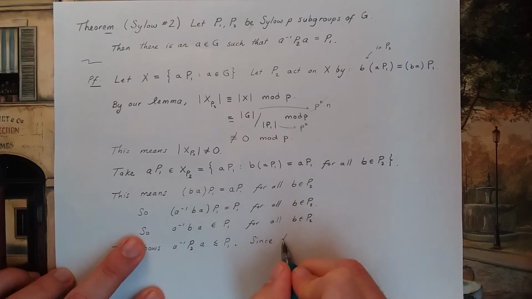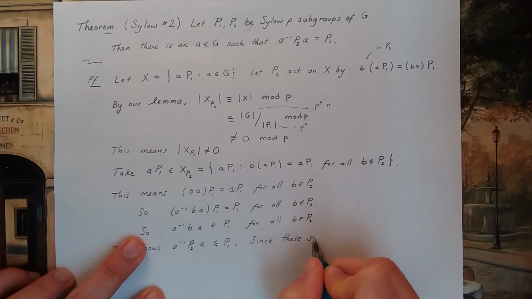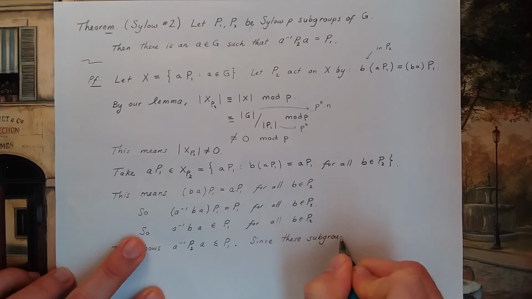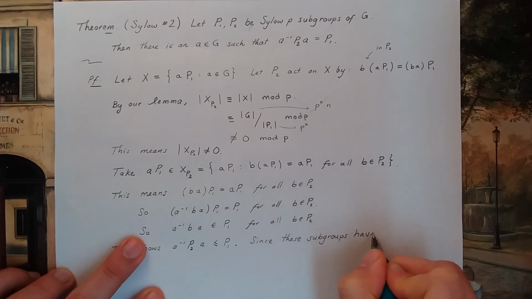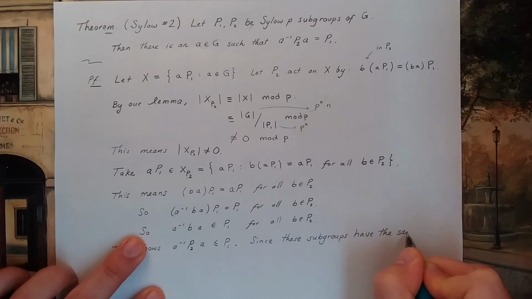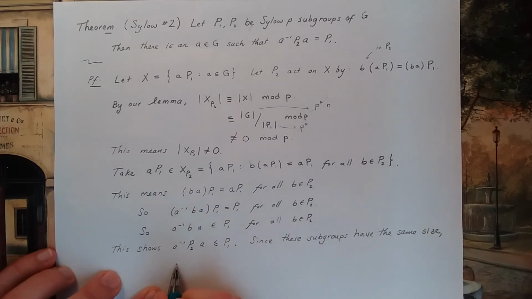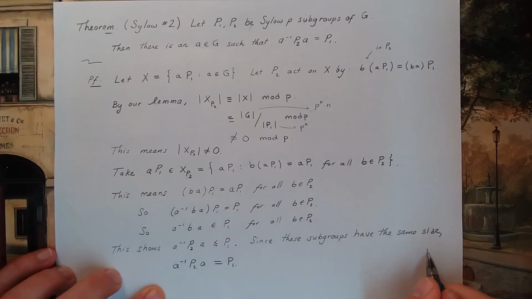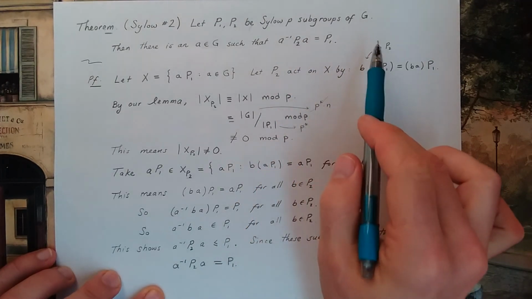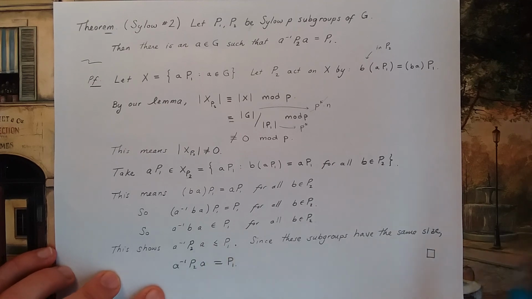Since these subgroups have the same size, this shows that a inverse P2 a is actually equal to P1. That's the statement of the theorem. If you have a subgroup of P1 that's the same size as P1, then it's got to be the whole group.